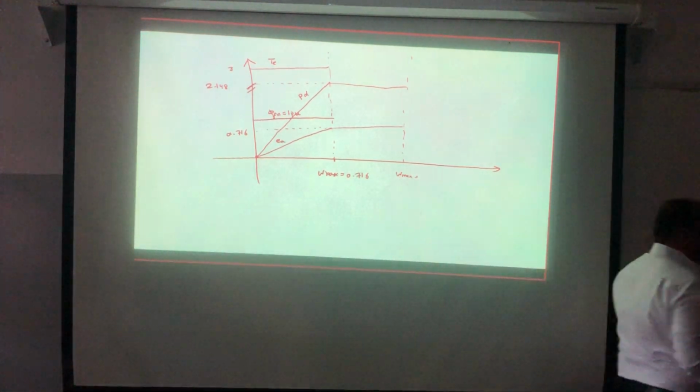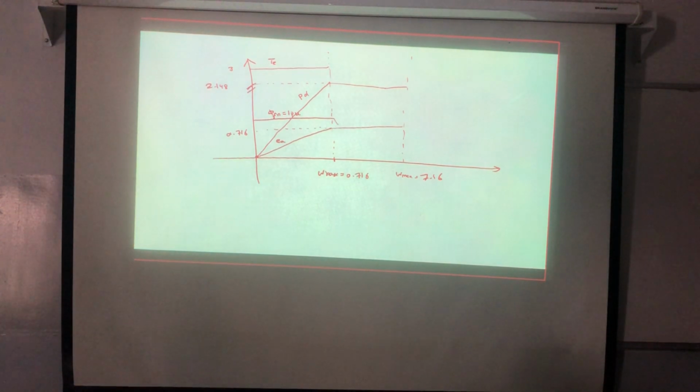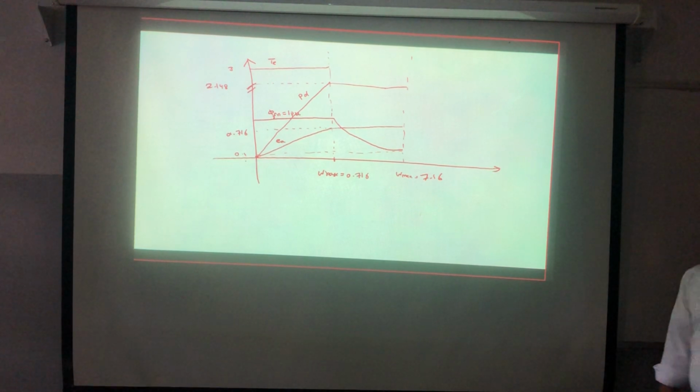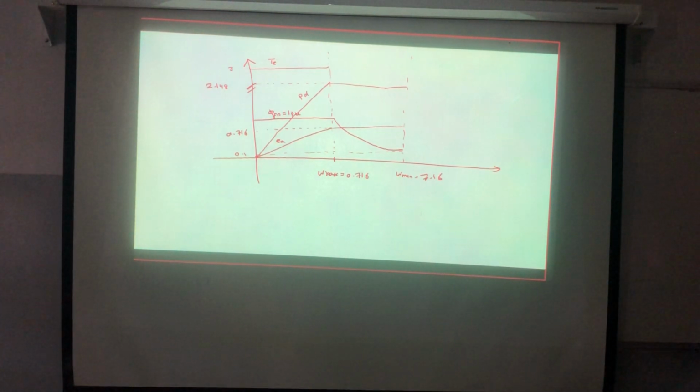So this will equal 7.16. What about the torque? It's going to 0.3, somewhere here.